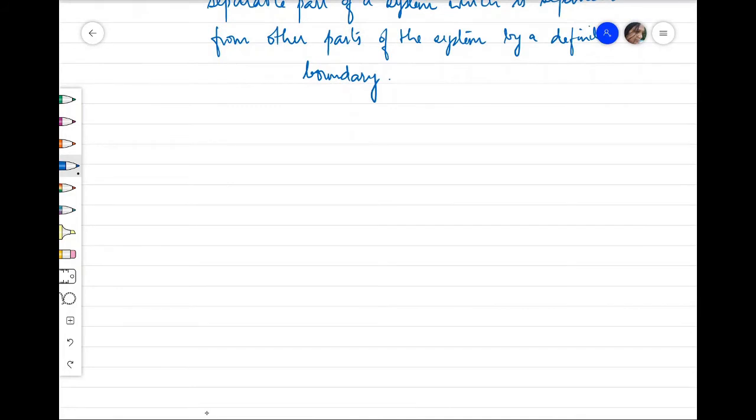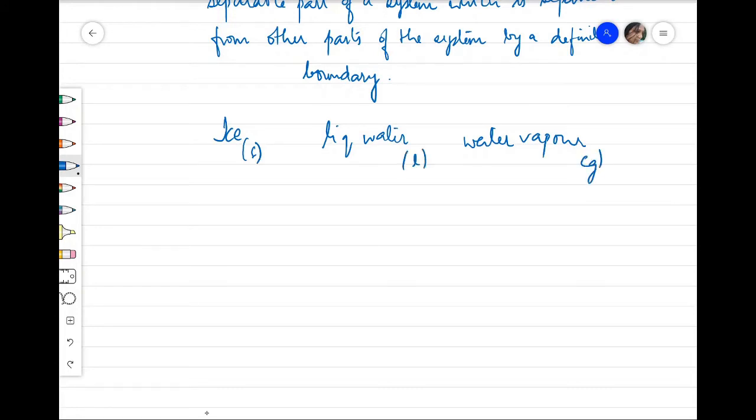Now let me take water. It can exist as ice, as liquid water, and as water vapor. So this is the solid form, this is the liquid form, this is the gaseous form.